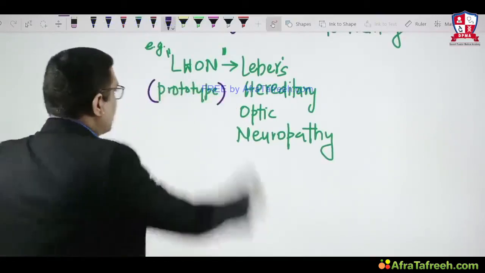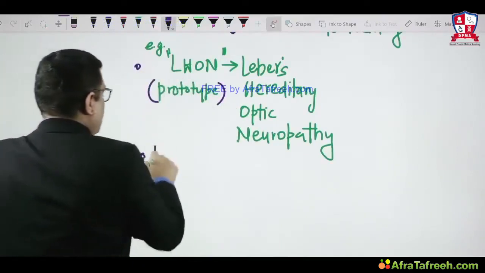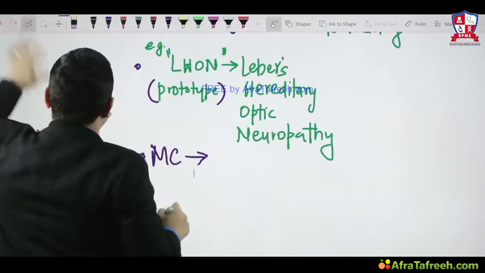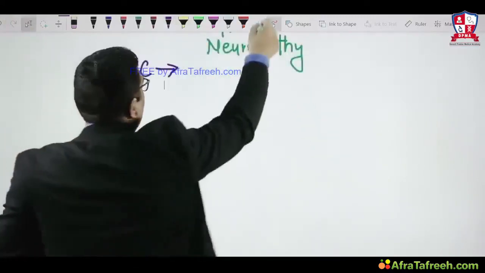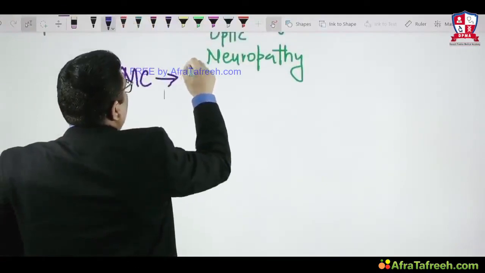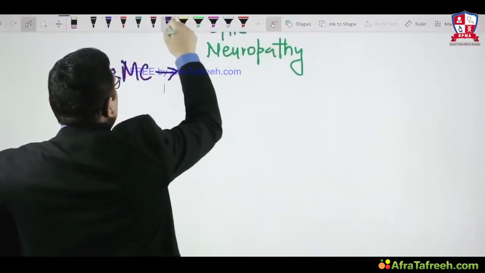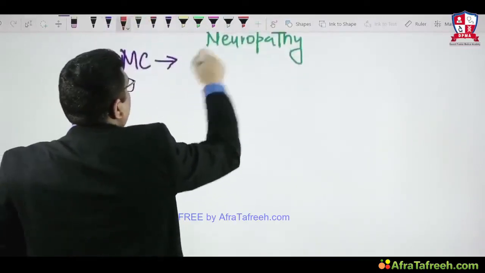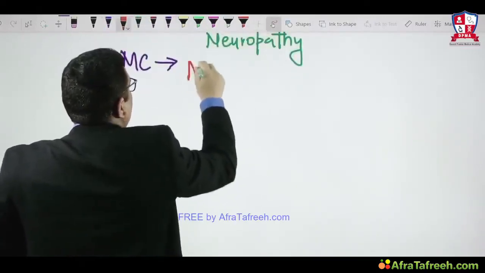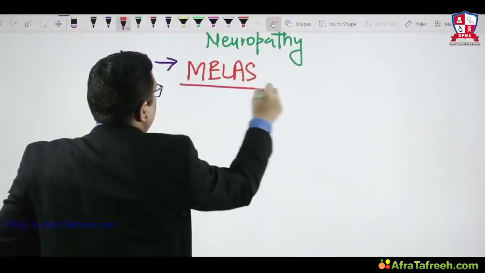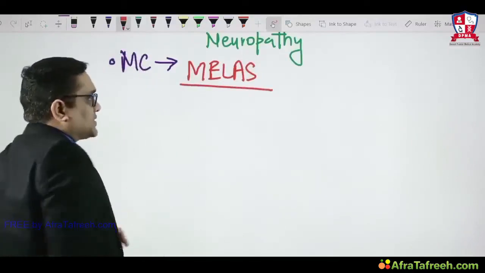Now the question comes to our mind: if it is the prototype, then what will be the most common type of mitochondrial inheritance disorder? The most common type of mitochondrial inheritance disorder is MELAS syndrome. What is MELAS syndrome?